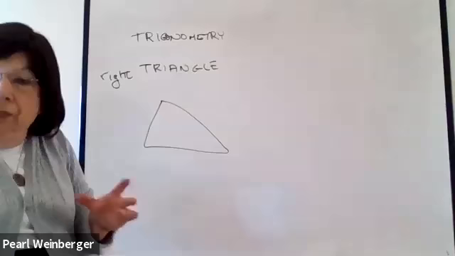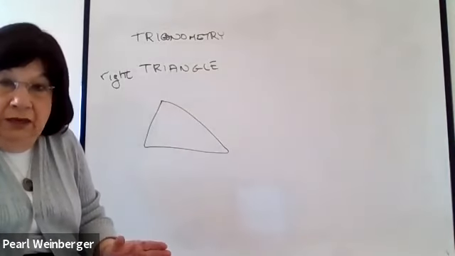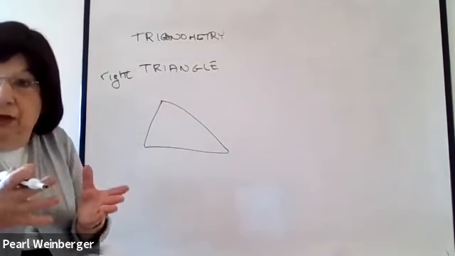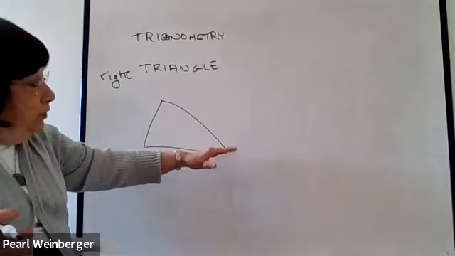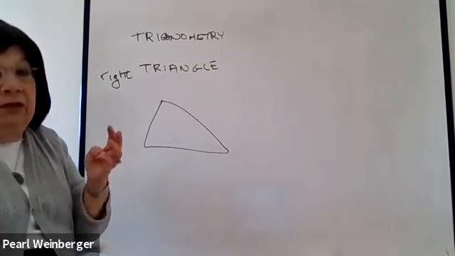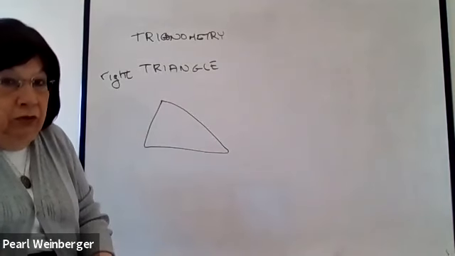It's the simplest figure we could draw with straight sides, because if you don't have at least three sides, you're not going to be able to close it up. If you have just two sides, how are you going to close it? So you need at least three sides for a straight-sided closed figure.